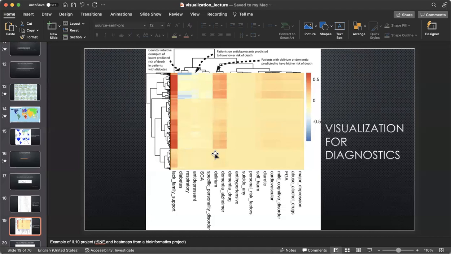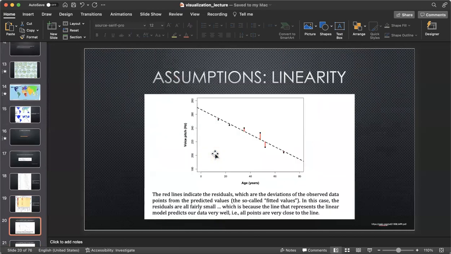And any clinician or any person who is not an expert in machine learning can immediately hone in on really important features, like lack of family support just seems to be quite important. It can also highlight bias and things like that. But these kinds of heat maps are very easy for non-machine learning experts to understand a model.